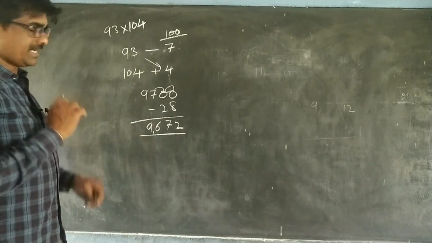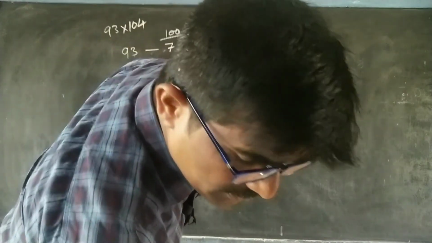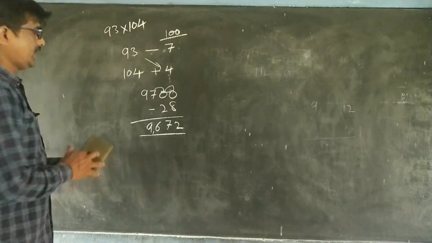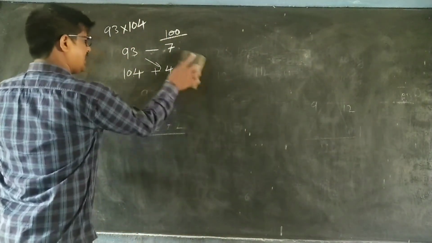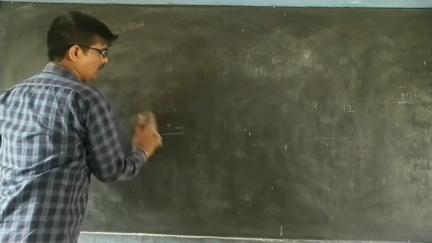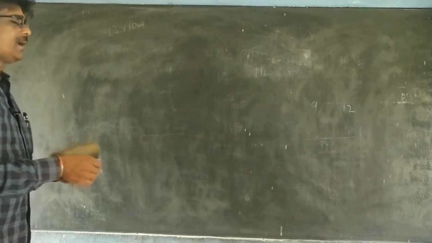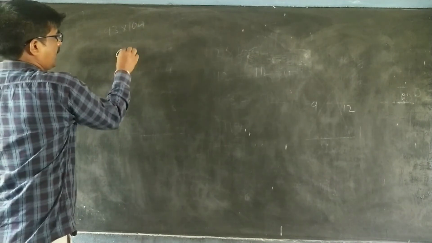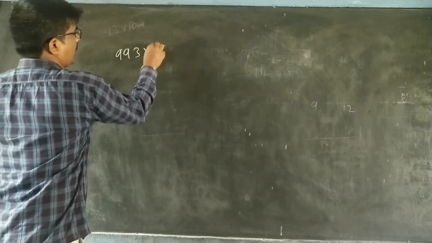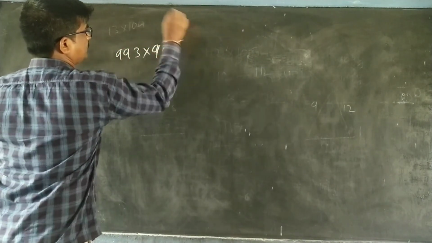Next, if I take a big number, that is if I take numbers nearer to base 1000, at that time the method is the same as the 100 method only. Don't be confused. For example, 993 into 995.